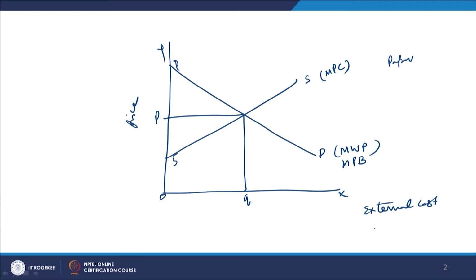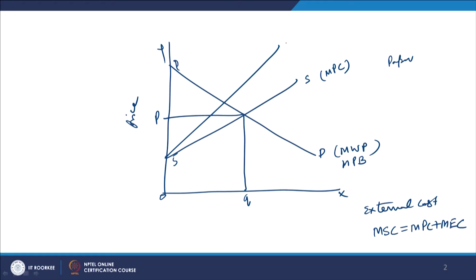Marginal social cost is marginal private cost plus marginal external cost, and since we are taking marginal, it may increase or decrease, or it may be a constant, then a constant will be added, or it may have a slope, then the curve may be like this.